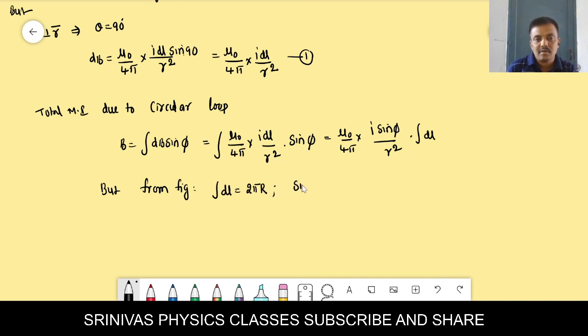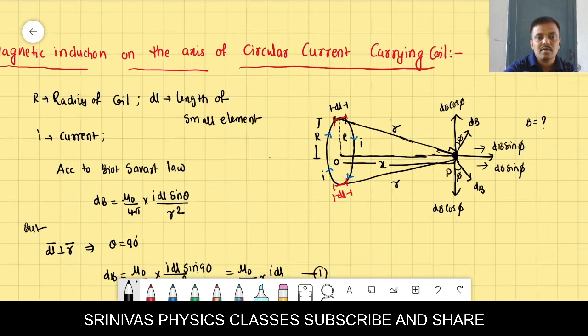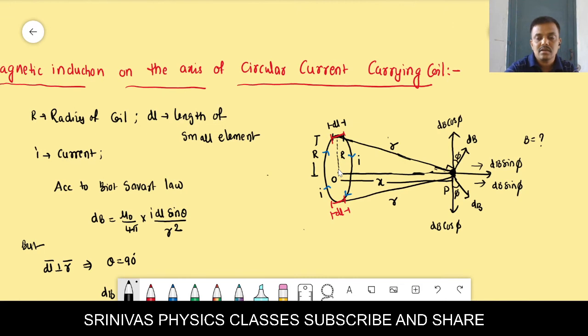And sin phi, what we write? Let us go to the figure. You see this r and dB. R and dB are perpendicular to each other, because dB is perpendicular to r according to the Biot-Savart law.